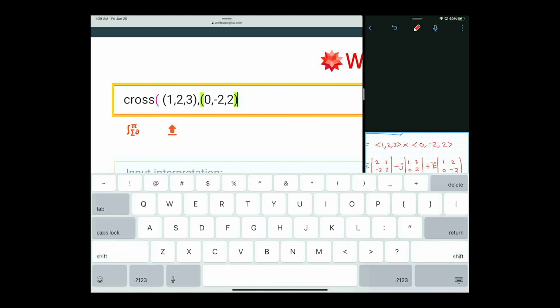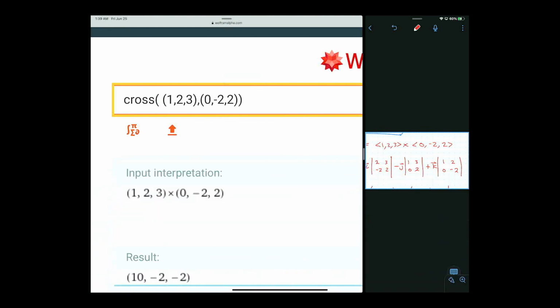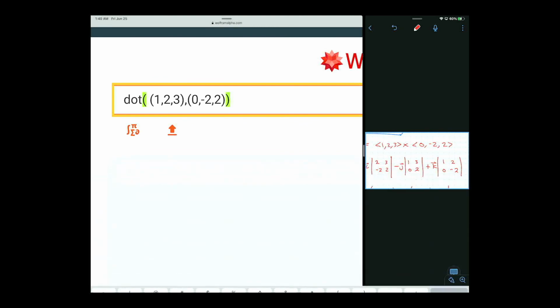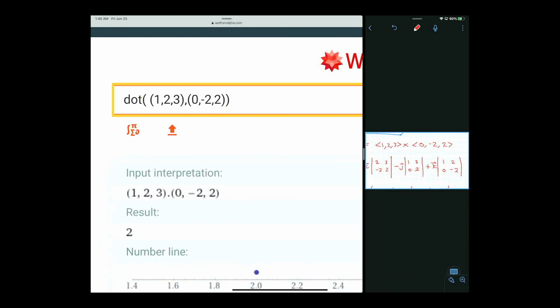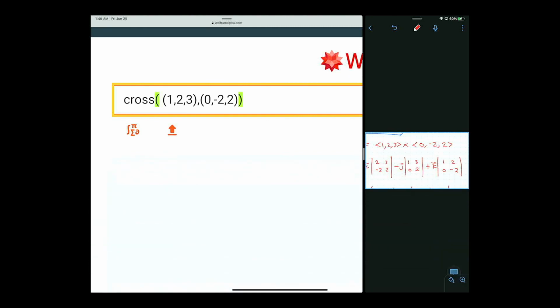So normally you see things work like this for typing in a cross product, where you say cross and then it does it. Of course, it does the same thing. And if you want a dot product, of course, dot.